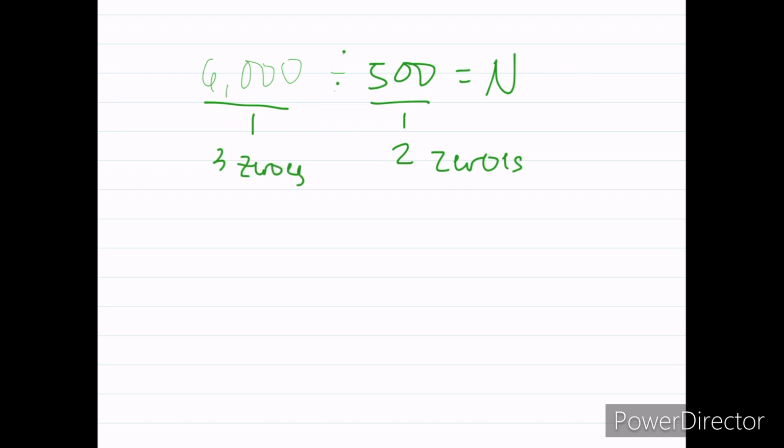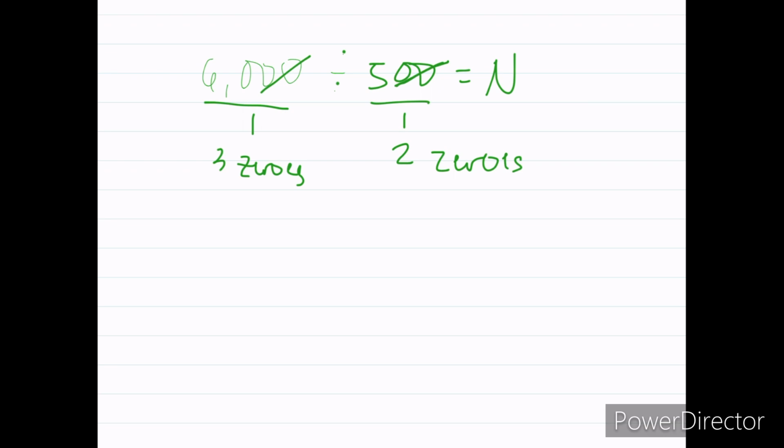Next, after we count it, drop or cross out the shared zeros. So since we have two zeros in our divisor, we cross them out, and in the dividend we also remove two.